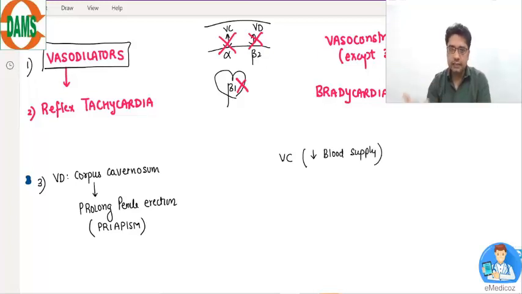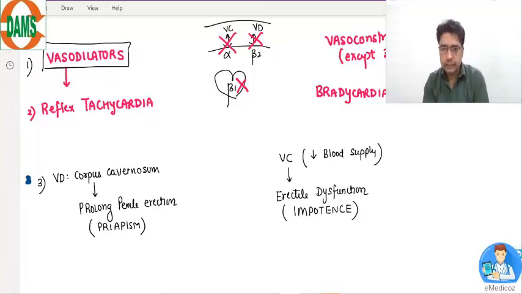And if there is decrease in blood supply to corpus cavernosum, it will lead to erectile dysfunction, which is known as impotence. So alpha blockers cause penile erection. Beta blockers cause impotence.